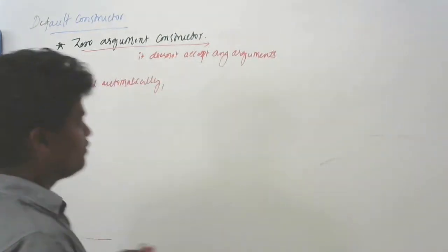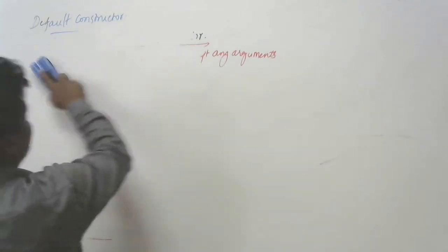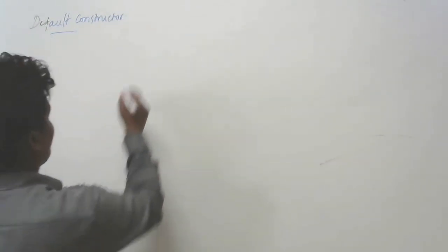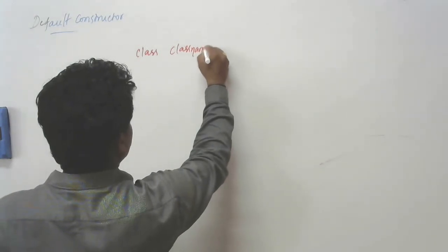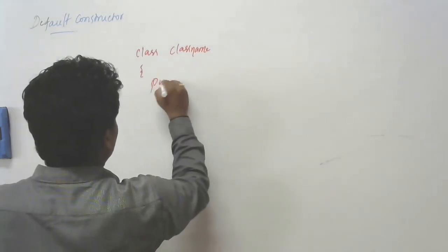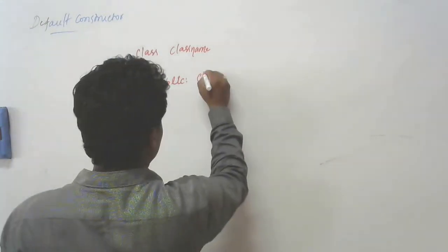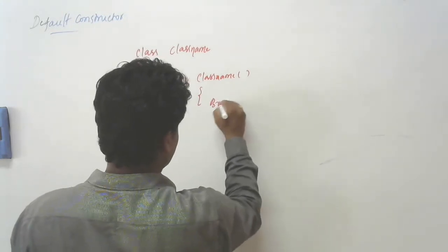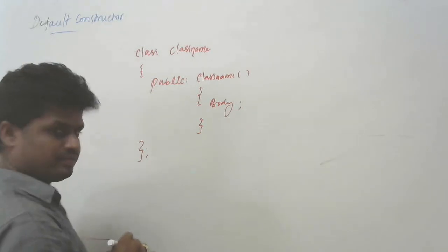Okay, now we'll see the syntax of this. The same syntax that you have written for the constructor represents default. What is that? Class name, public, class name, parenthesis, its body, semicolon, close the class.